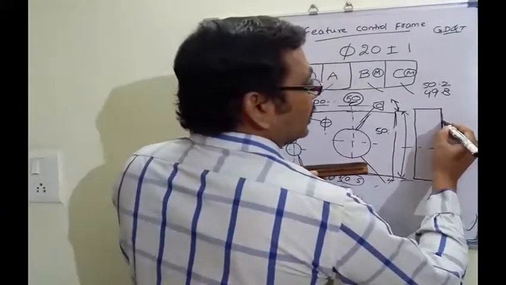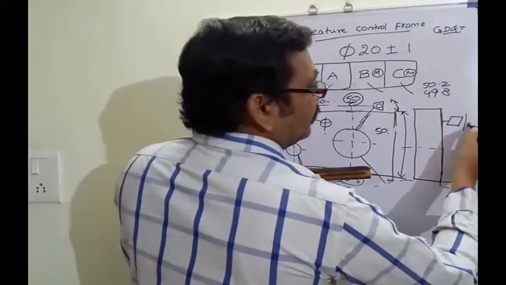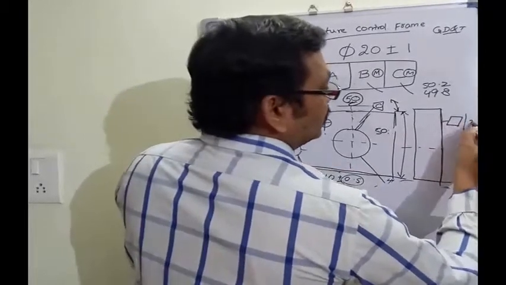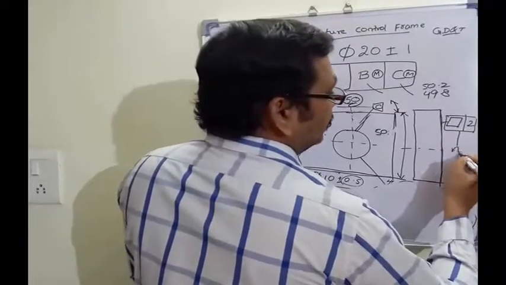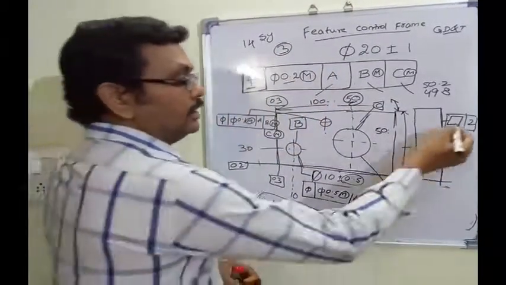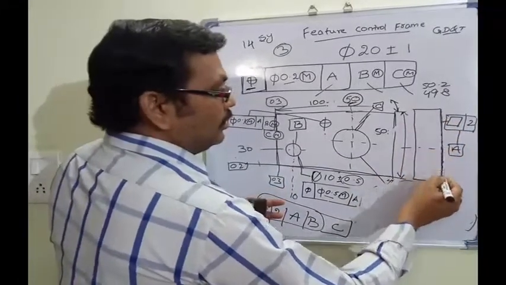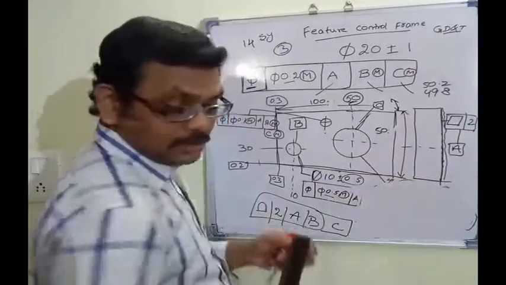So in this case, we use flatness symbol, some value with respect to A. This is the flatness symbol. So this surface can go like this.